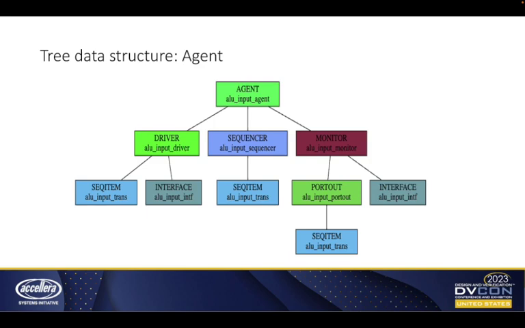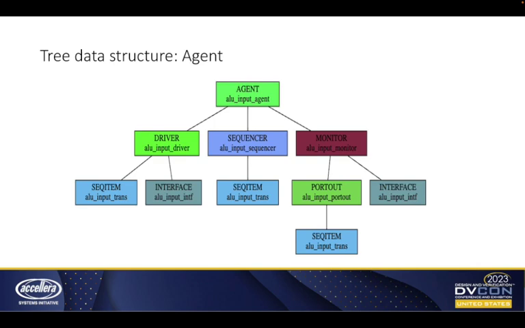The reason for using a tree is that the tree data structure can easily represent our test bench structure. Every parent node can be generated only after all its child nodes are known and created. Let's see an example.